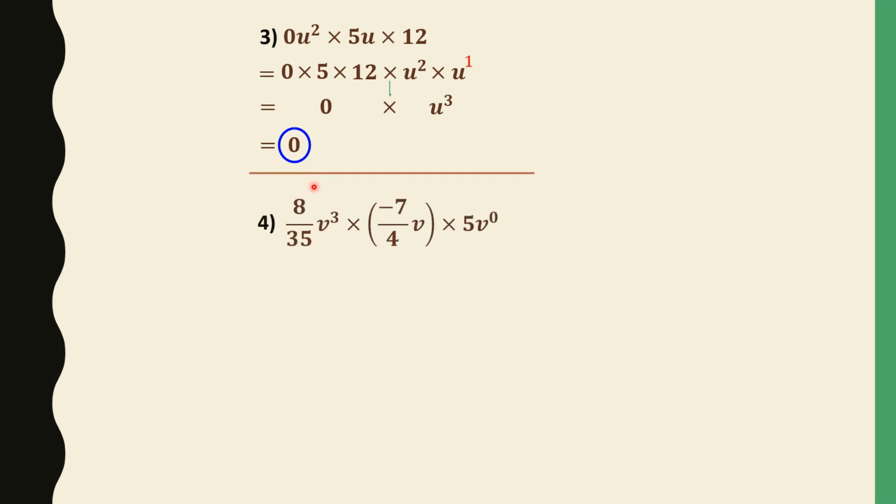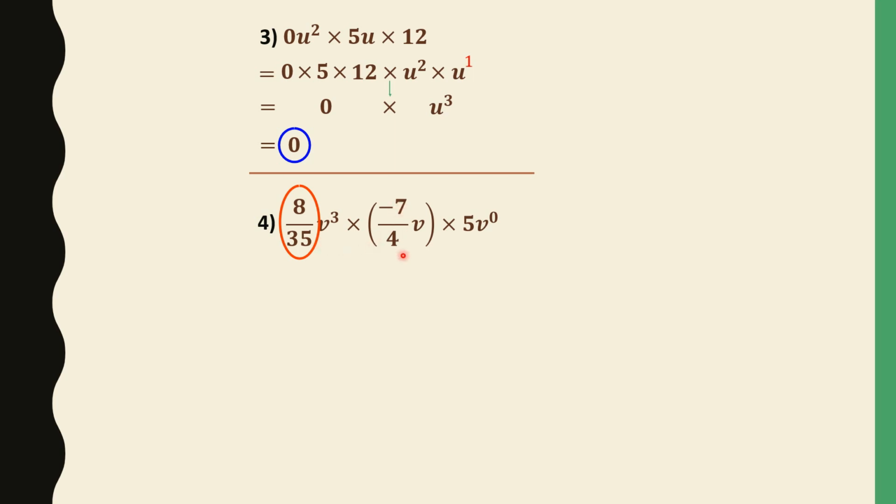Now let's continue with example 4. Here we have the product of the 3 monomials, 8 over 35v cubed times negative 7 over 4v times 5v exponent 0. So first step, we group the coefficients. 8 over 35 is the coefficient of this first monomial.